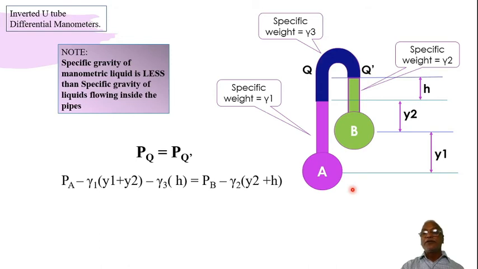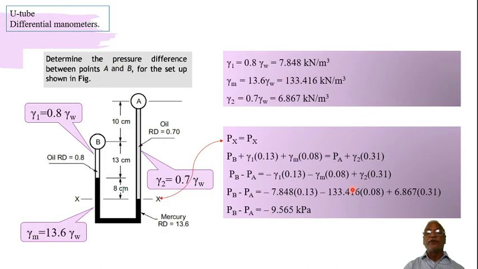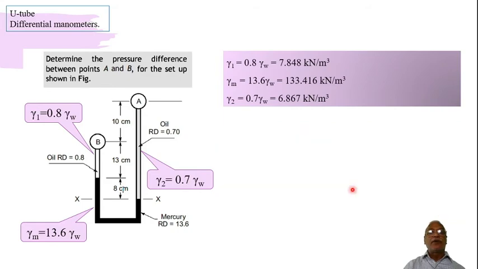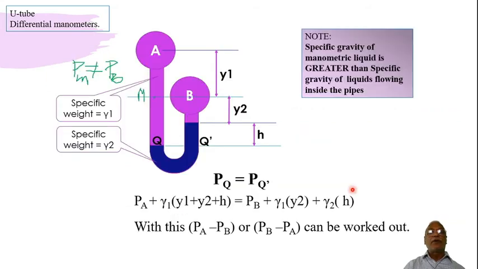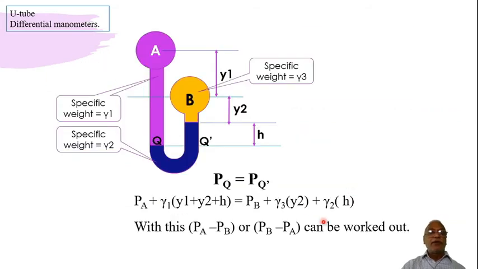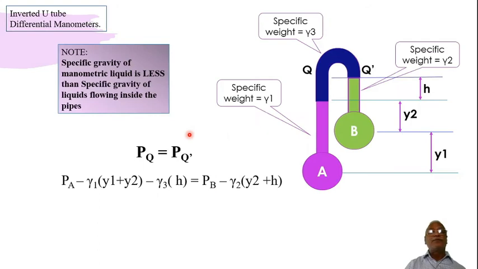In the earlier case, if you observe here, this dark liquid is heavier than this yellow liquid, heavier than purple liquid. That's why it stays down, right? Now here, this manometric liquid is lighter than both of these, right?